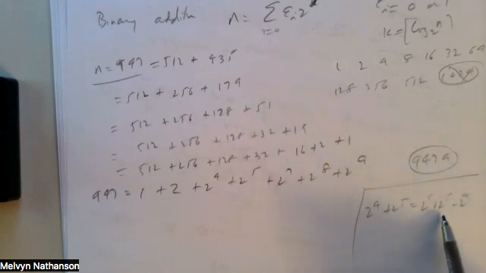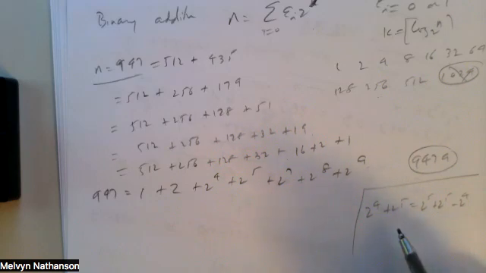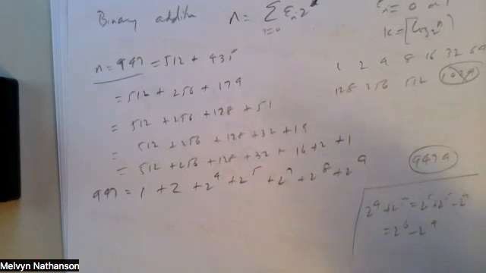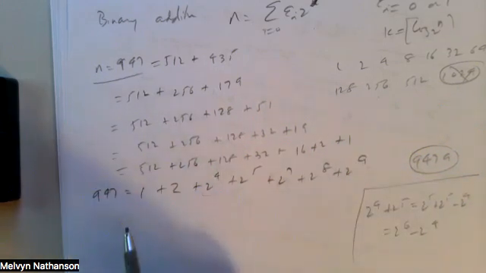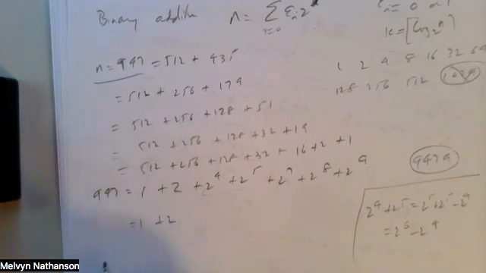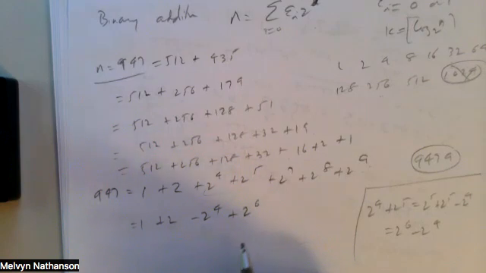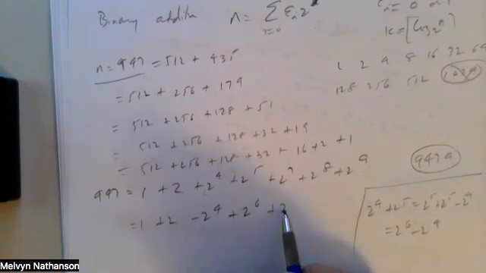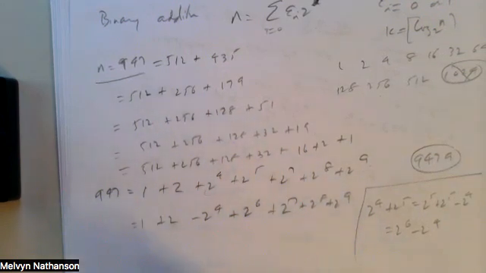Because 2 to the 5th minus 2 to the 4th is 2 to the 4th. And 2 to the 5th plus 2 to the 5th is 2 to the 6th, so it's 2 to the 6th minus 2 to the 4th. Let me plug that in here. You might say they haven't done very much. This is 1 plus 2 minus 2 to the 4th plus 2 to the 6th plus 2 to the 7th plus 2 to the 8th plus 2 to the 9th.